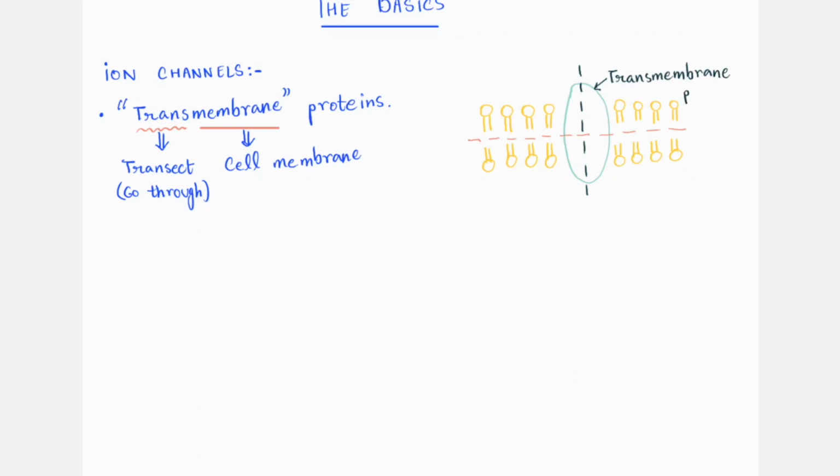So ion channels are a specific category of transmembrane proteins in that they are pore forming.